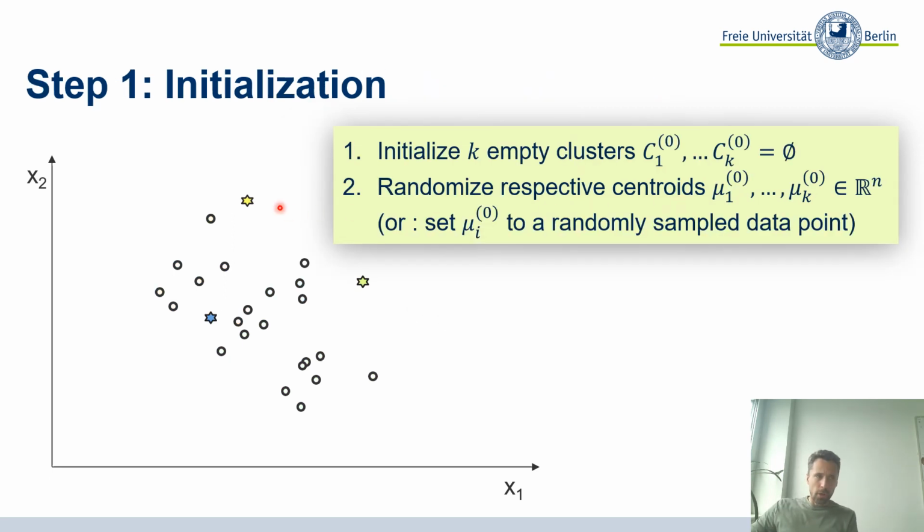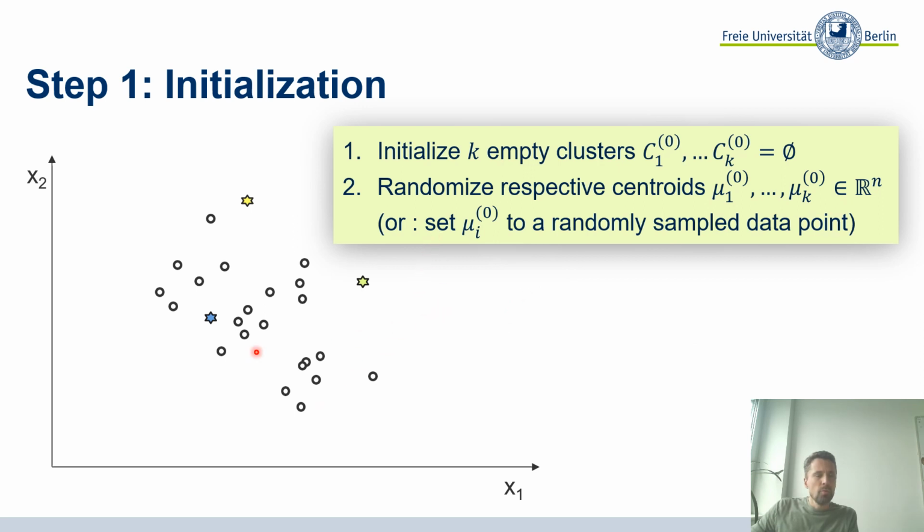So how does it work? Well, first step, we need to find a starting point for the centroids. So what we do is we take our K clusters and say they're empty. So we have not yet assigned any points to them. And then we take the respective centroids and put them somewhere in the data space.